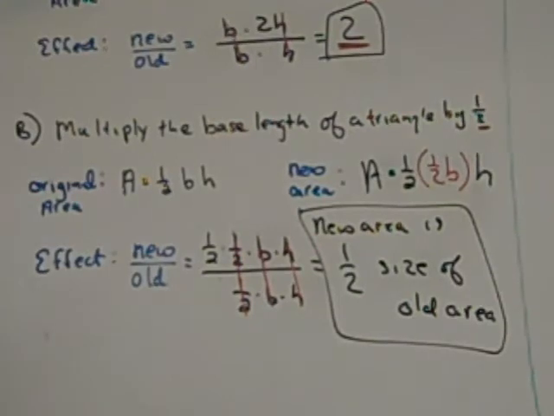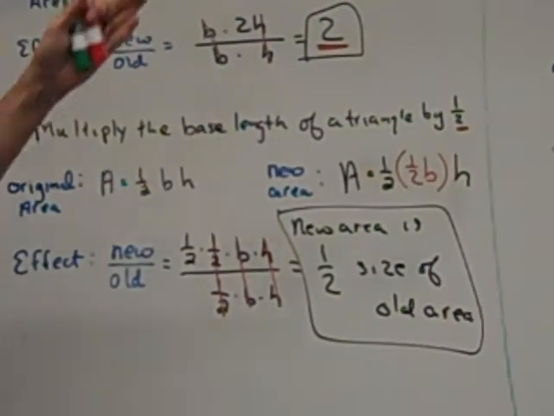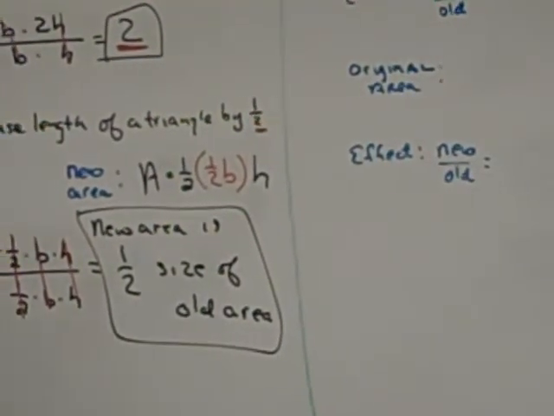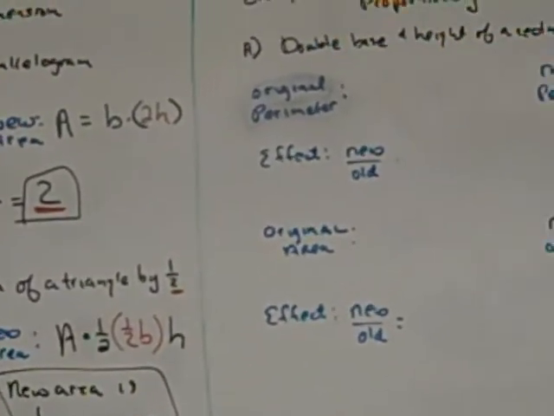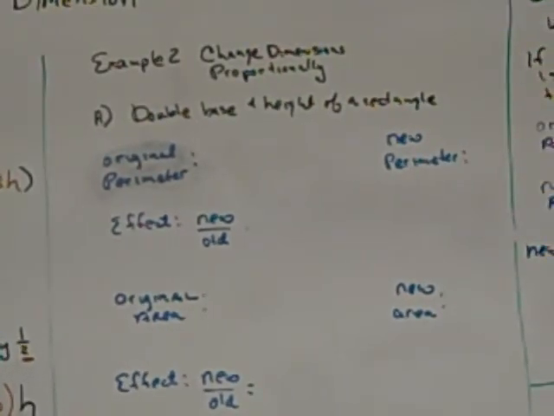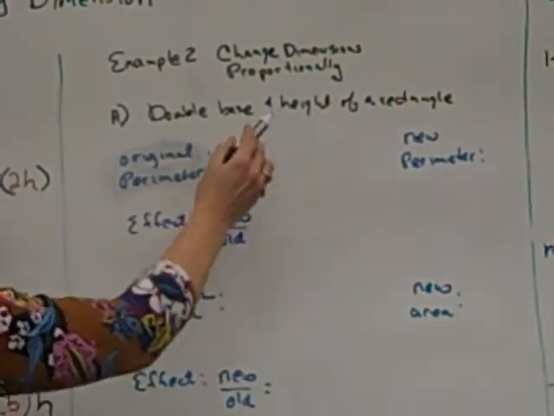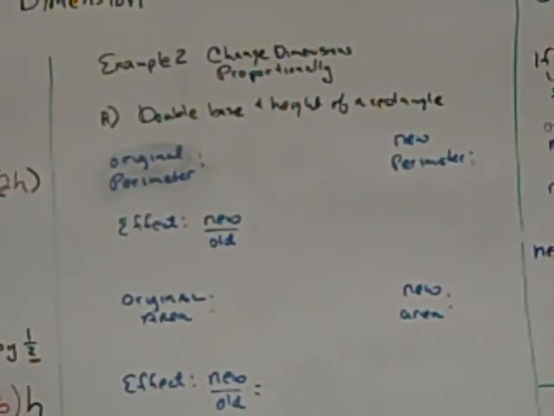What if I change more than one dimension? Look at example 2. We call that changing dimensions proportionally. And that means whatever we do to one side length, we're going to do to all the dimensions. So if we're going to double the base and the height of a rectangle, what happens to the perimeter and the area?